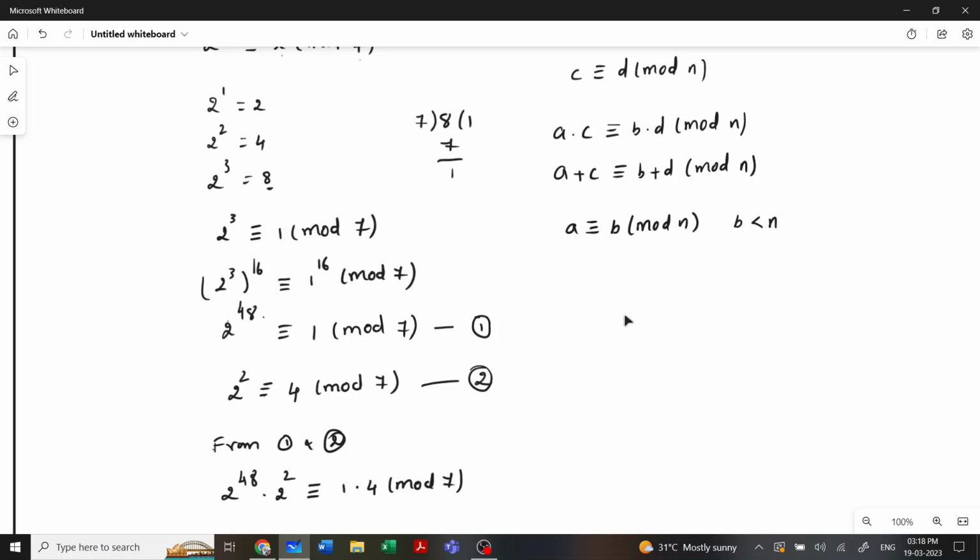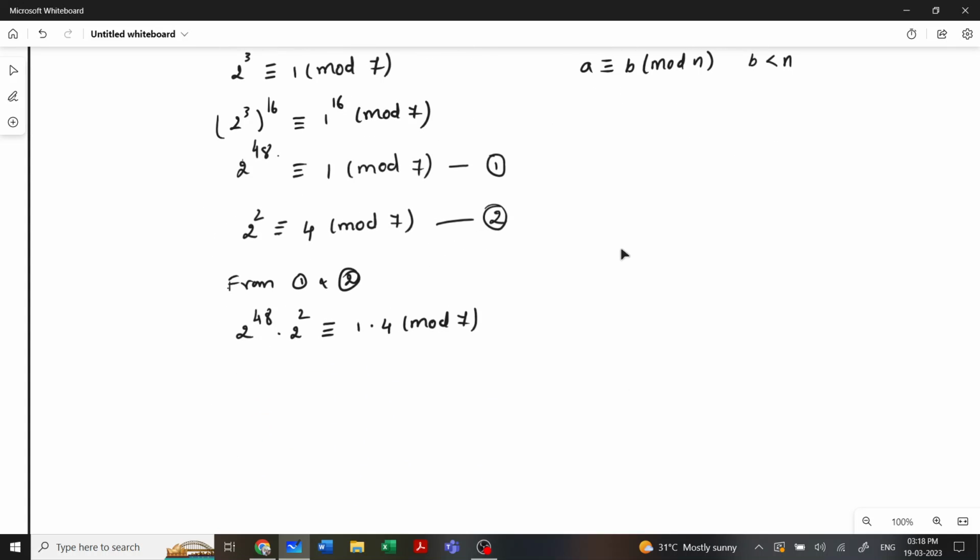So finally the LHS becomes 2 to the power of 50. 2 to the power of 50 is congruent to 4 in mod 7. So nothing but if you divide 2 to the power of 50 by 7, we will get the remainder 4. Therefore, R is equal to 4.